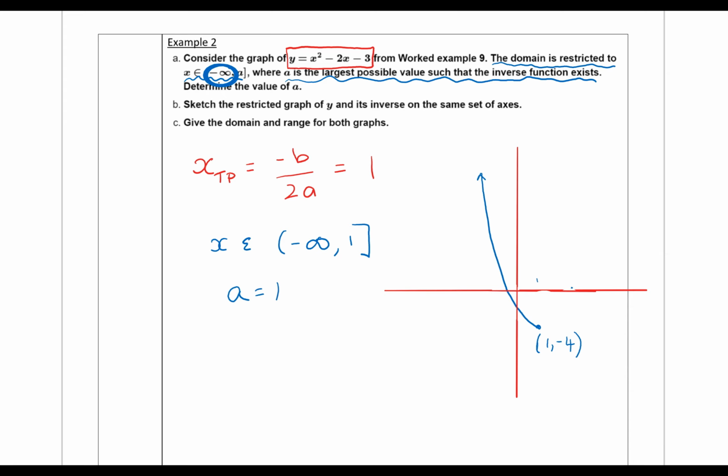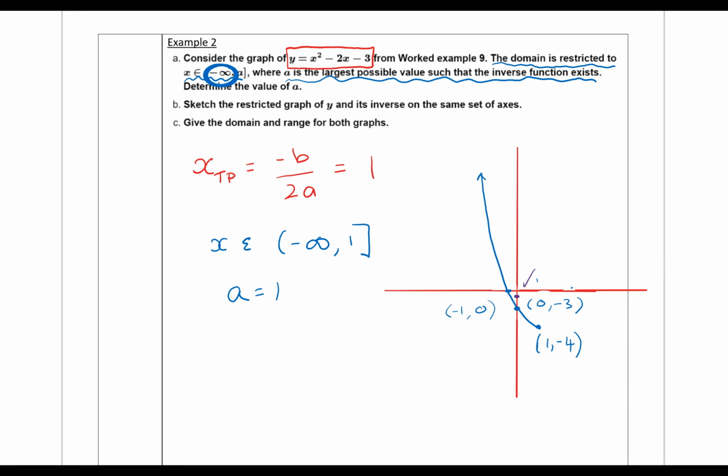Part B is to sketch the restricted graph of y and its inverse on the same set of axes. Well, if I think back to my previous graph, I had 0, -3 and -1, 0. So now my inverse has to swap those two around.